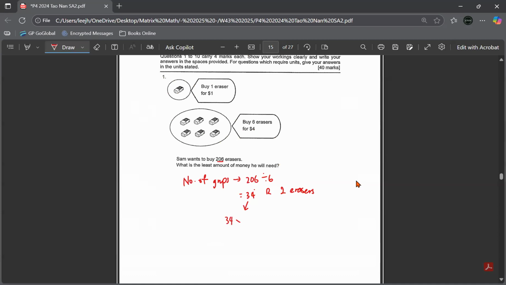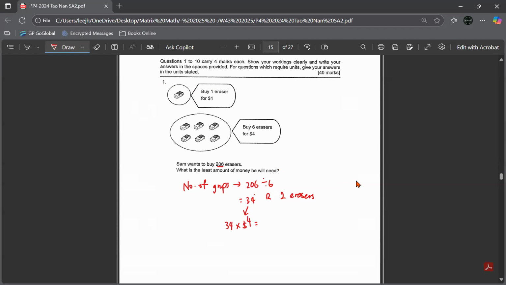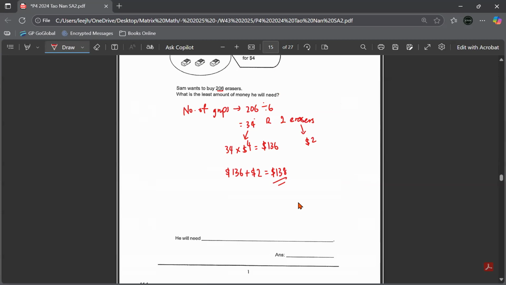So 34 times 4 is $136. Two erasers is two more dollars because one eraser is $1. Okay, so total 136 plus 2, $138. That's your answer. So at the bottom, there is one sentence here. So you just fill up. He will need $138. So you just write down.